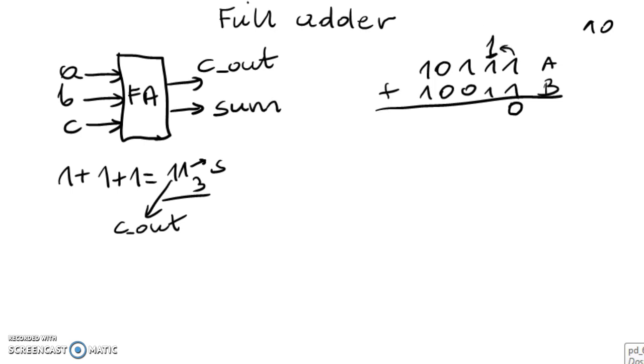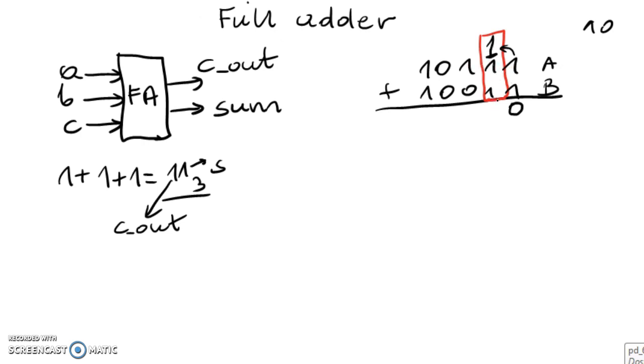And that's why we need a full adder, which adds 3 bits together, to construct the system which can add numbers of n length, okay? Because we repeat this procedure many times to get the overall result.